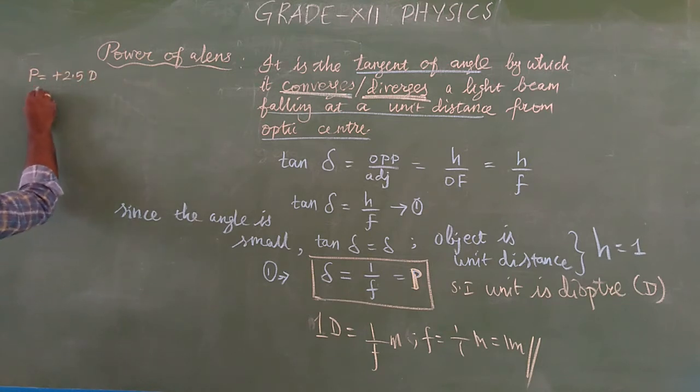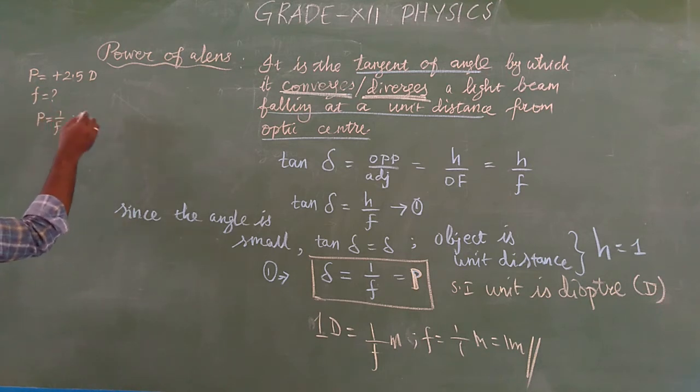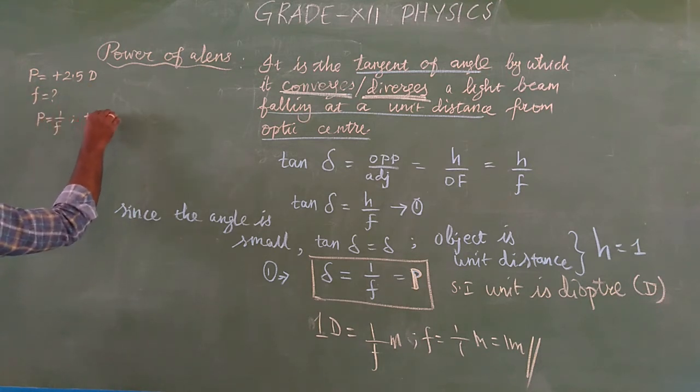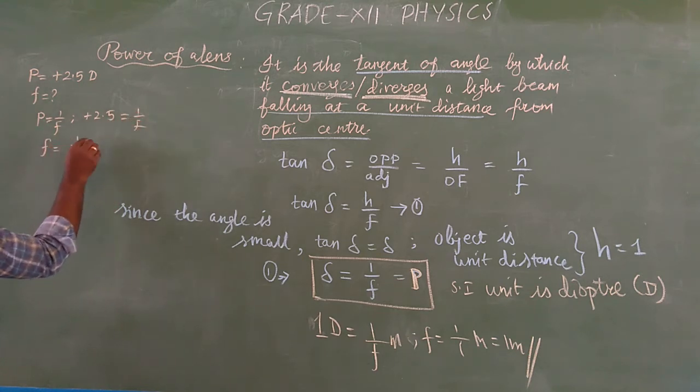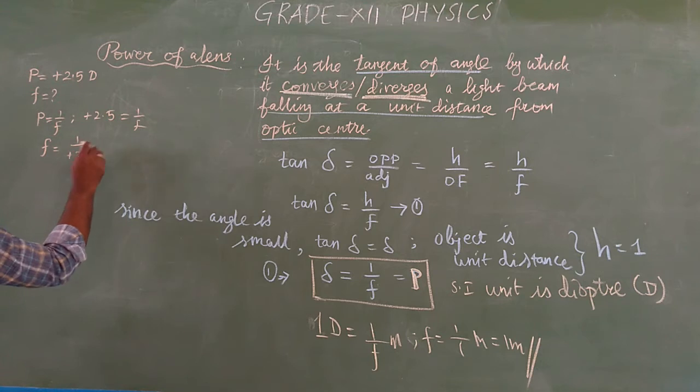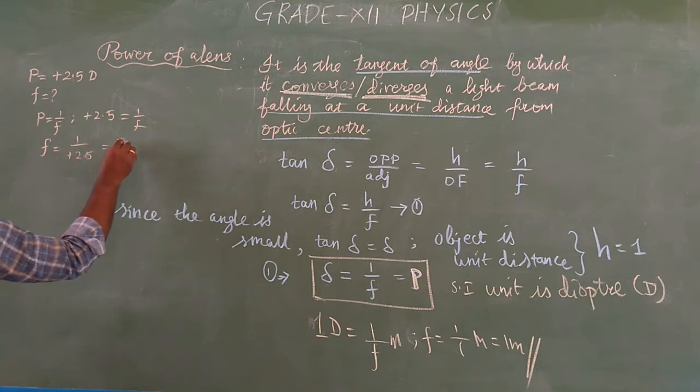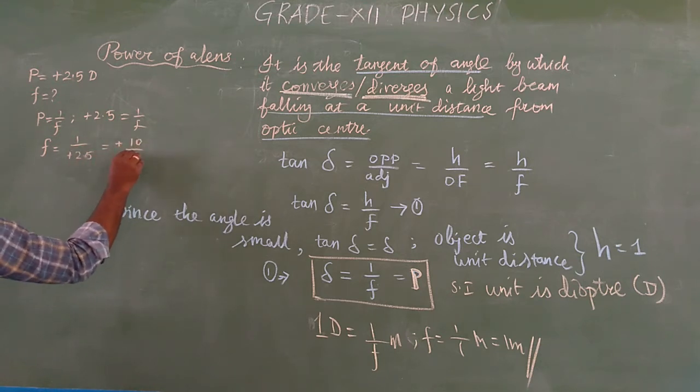Then what is its focal length? We know the power P is equal to 1 by f. So 2.5 diopter is equal to 1 by f, or f is equal to 1 by plus 2.5, which is equal to plus 10 by 25.